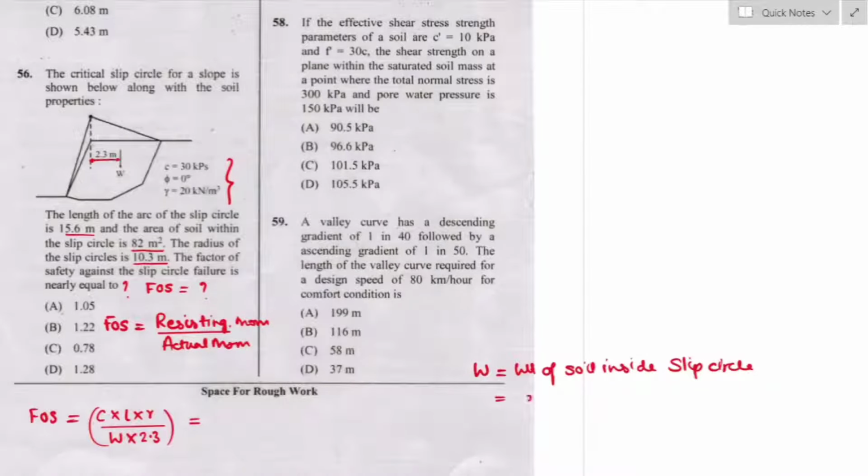Area is 82 meter square, as given, and its unit weight is 20.